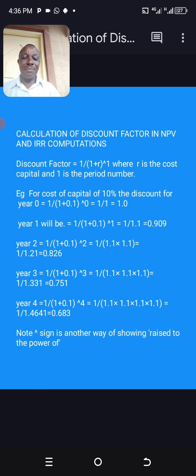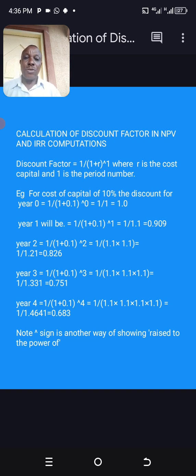So with that in mind, what we have here will give us 1 all over 1, and the answer will be 1. So that means that year 0 discount factor is 1. In fact, it's usually 1 because it is raised to the power 0.